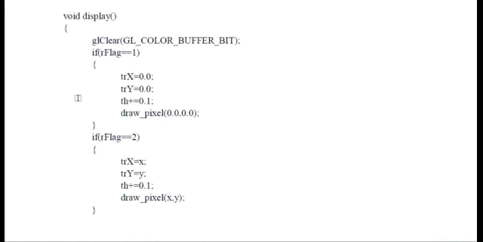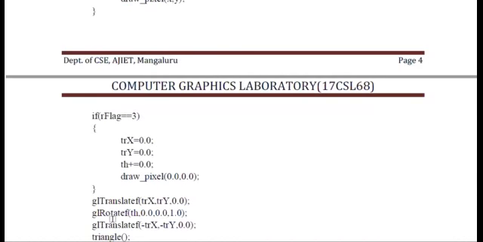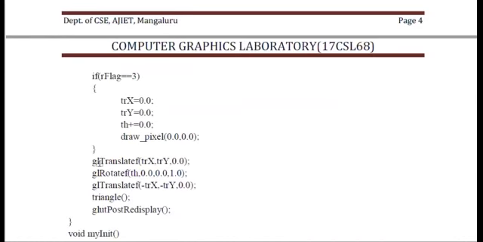So here in the display function, we are going to check the three conditions, that if it is R flag equal to 1, 2 or 3, and we are going to perform these three operations. If you look at these three operations, the first operation is nothing but translation, and the second operation is rotation, and the third operation is negative translation.